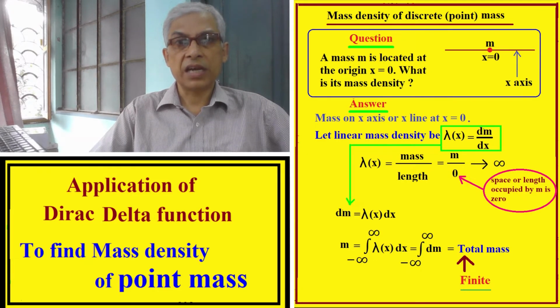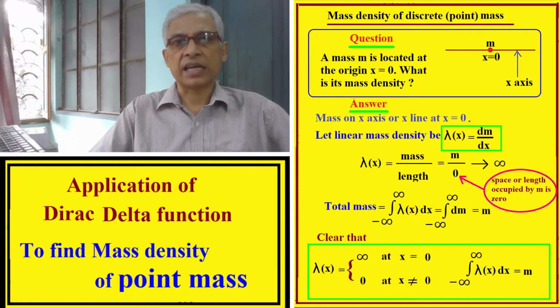From the relation lambda equal to dm by dx, let us write dm as dm equal to lambda dx, and herefrom the expression of the total mass m follows in terms of the linear mass density lambda of x as we integrate over the entire x-axis, namely from minus infinity to plus infinity.